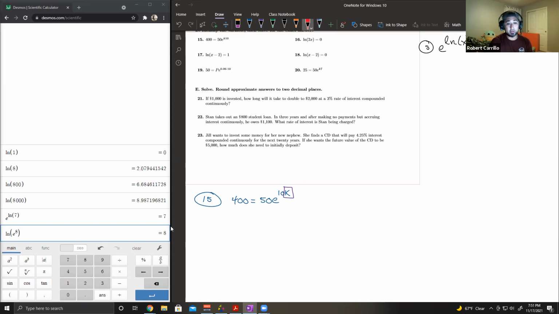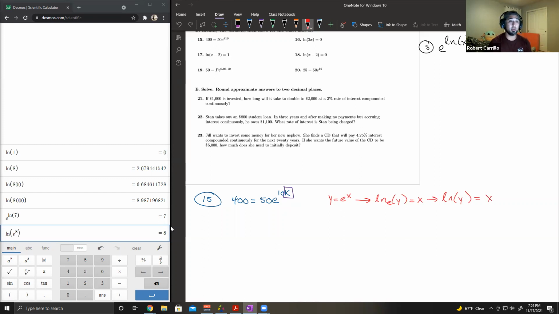So this is going to use this property: if we have y equals e to the x, then I'm going to have to rewrite it as the natural log base e of y equal to x, which remember translates into natural log y equals x.